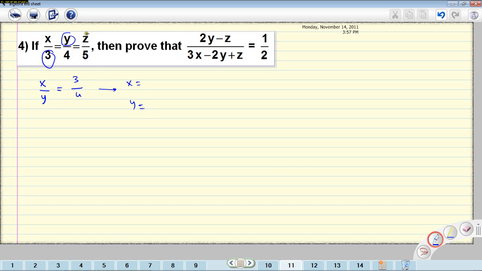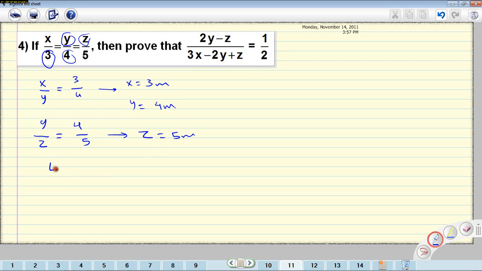I'm going to arrange z with 4, so y over z equals 4 over 5. So I can write y equals 4m and z equals 5m. I have y here. So here is 4m, and this is 3m, and this is 5m. Simply replace y and z to get the right hand side.